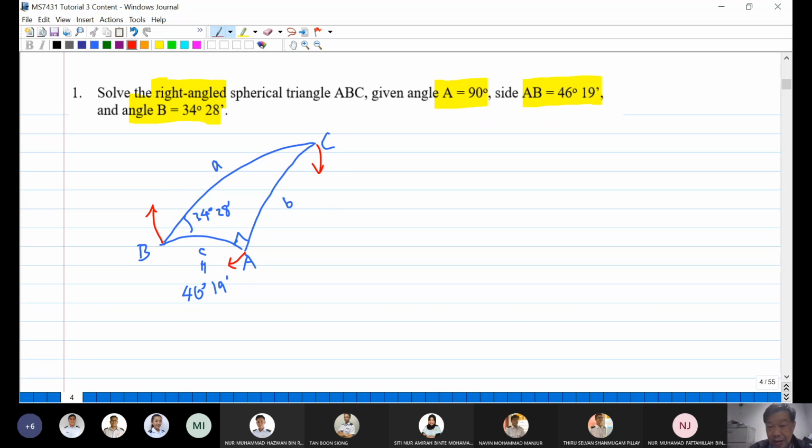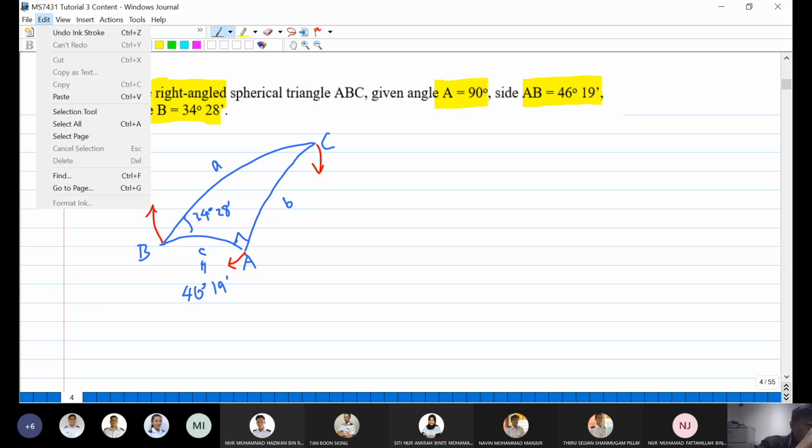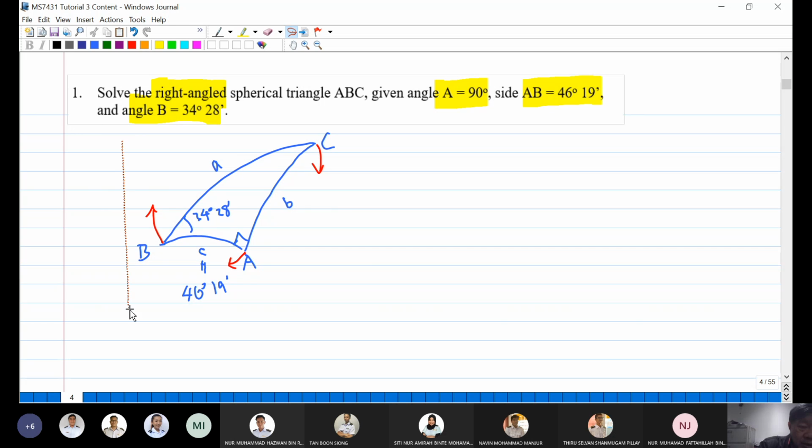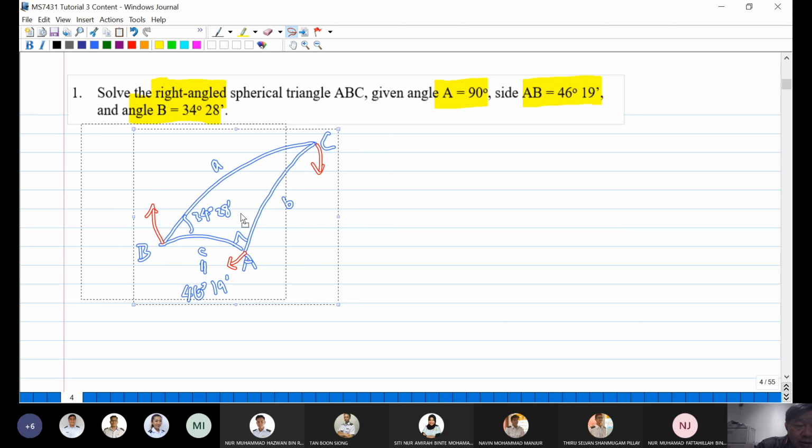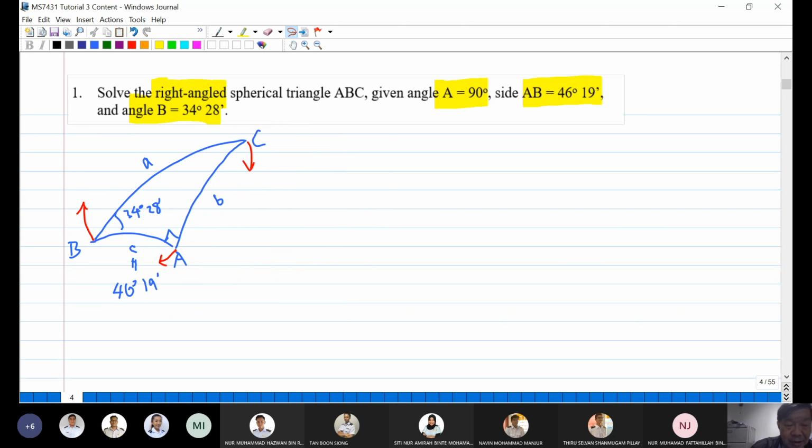Then I want to draw a Napier view. So let's draw a Napier view here somewhere. So I make some space here. I'm going to draw this on the left side so that I have space to write things. So Napier's view is going to be a circle.